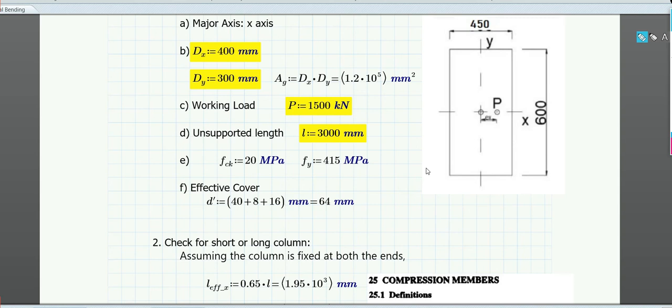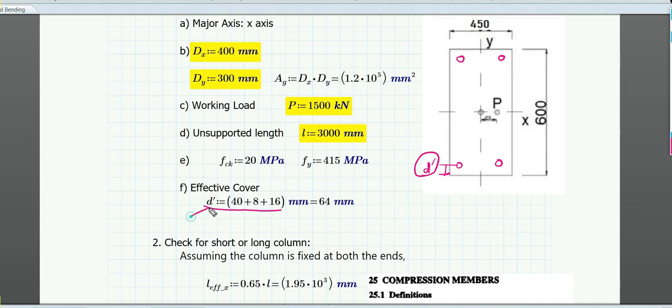The only thing that we have taken in excess of what we have done in rectangular column design is that we have calculated the d dash value. The d dash is nothing but, suppose this is the column, we have these bars, and whatever is the effective cover that is provided should be taken as d dash.